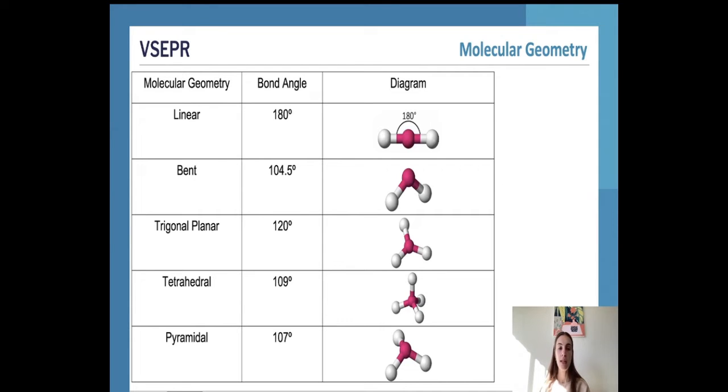Our final one is the pyramidal arrangement, and so the pyramidal arrangement has a bond angle of 107 degrees between each of the branched atoms. And this is because we do have the presence of a lone pair. And so this is quite commonly seen in ammonia, where we have that lone pair on the top.